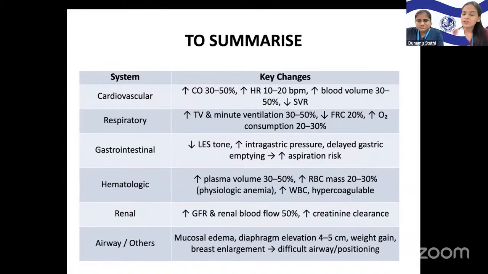In hematology, there is increased plasma volume more than the RBC mass, hence there is physiologic anemia, and it is a hypercoagulable state. In the renal system, there is increased GFR, increased renal blood flow, and increased creatinine clearance. In the airway, there is mucosal edema and diaphragmatic elevation, and it can lead to difficult airway and positioning.